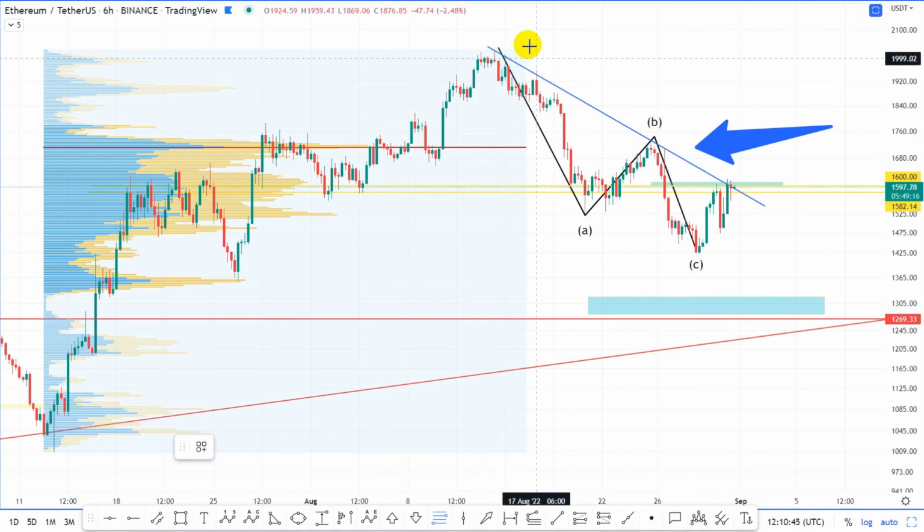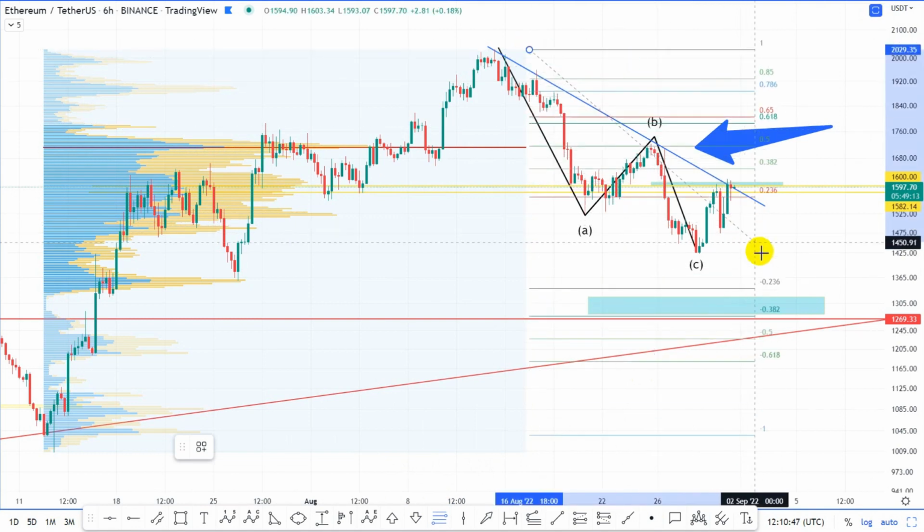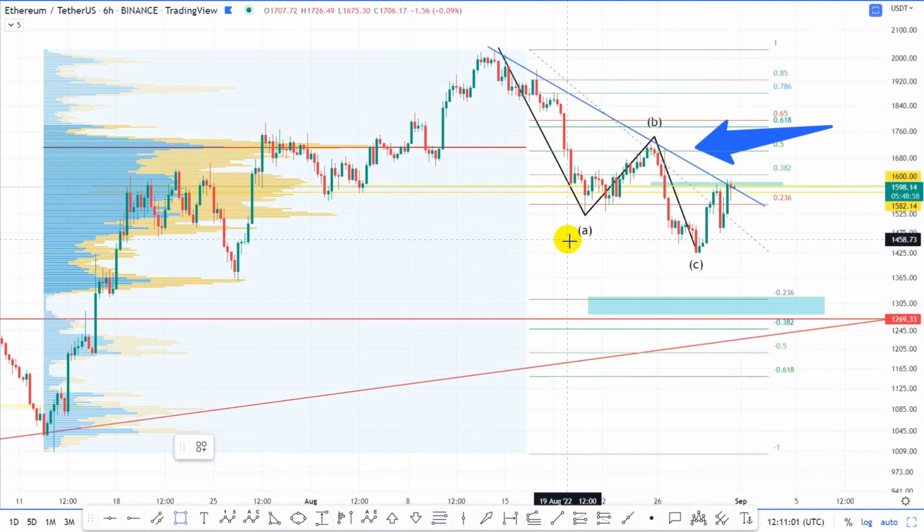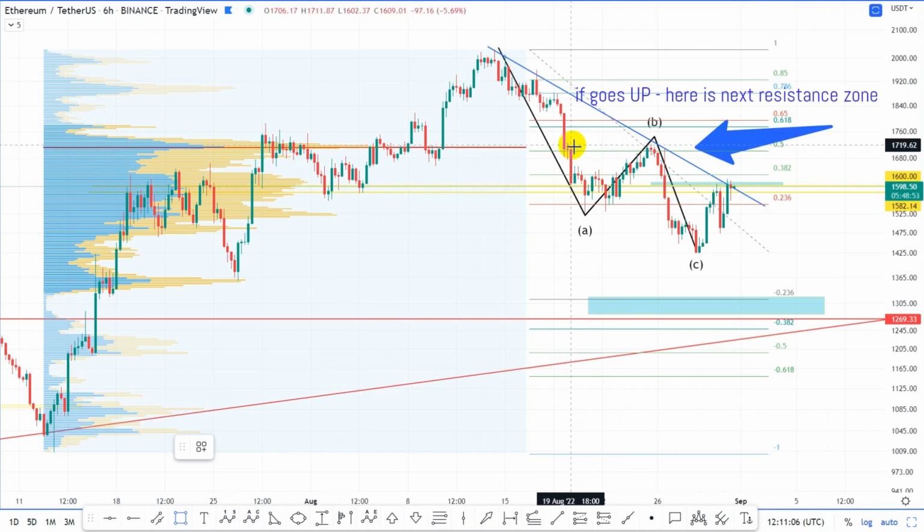Yes, the 50% retracement will be here, and the golden pocket will be there. So if it breaks up, here's the next area where it's most likely to find resistance. And just remember my words, if it goes high, you will find resistance here. You will see it. If it breaks low, then let's have a look.